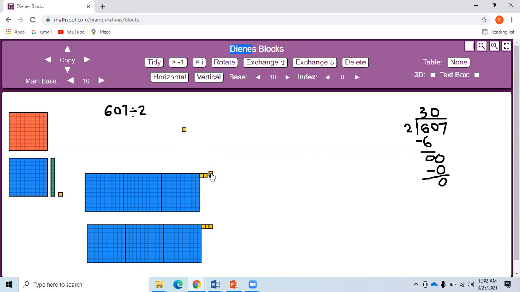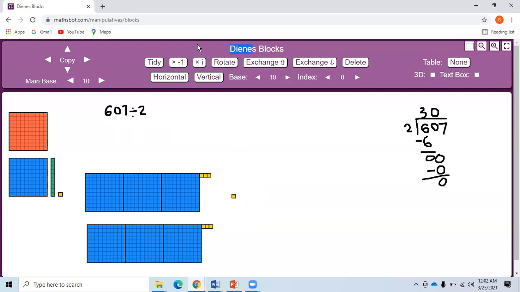And I can see that I was able to distribute 6 ones by putting 3 ones in each of my rows, and I have 1 left over.